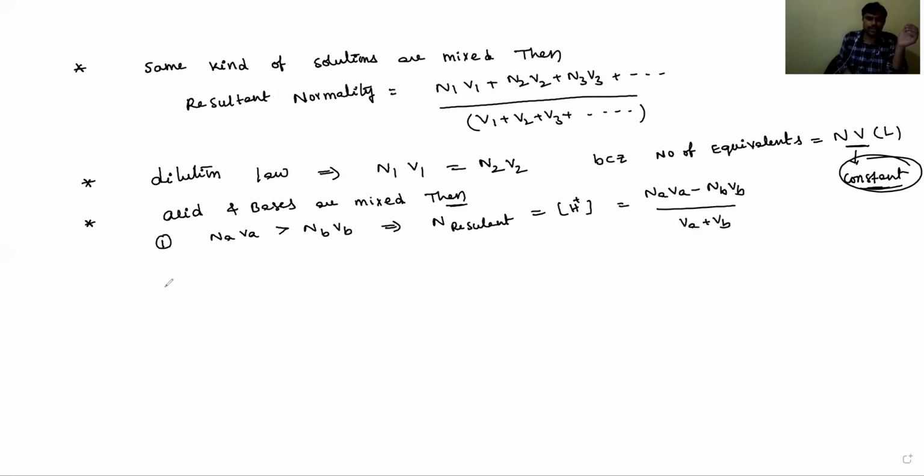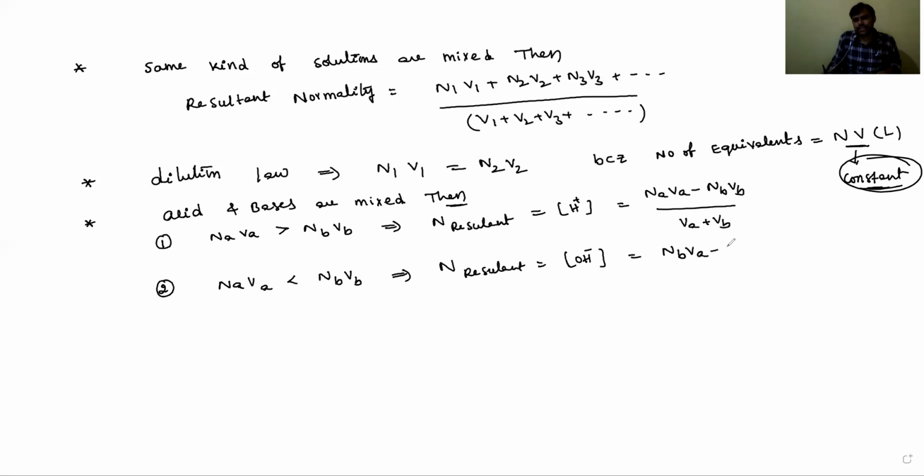Okay, students, this is the first condition. In the second condition, the strength of acid is less than the strength of base. Then the resultant normality is equal to the concentration of OH minus ions, which is NbVb minus NaVa divided by Va plus Vb.